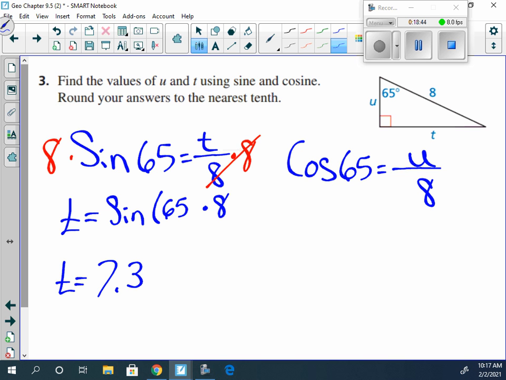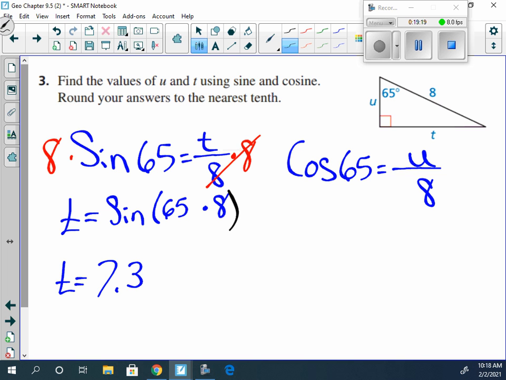So when you plug this in, because I'm going to talk about this here because it's probably going to happen at some point, someone type it into the calculator exactly as I have it written, sine 65 times 8. Okay, now there's a reason I wrote this down like this here, because what the calculator is seeing is this. It's multiplying 65 by 8, that angle by 8 first, and then finding sine.